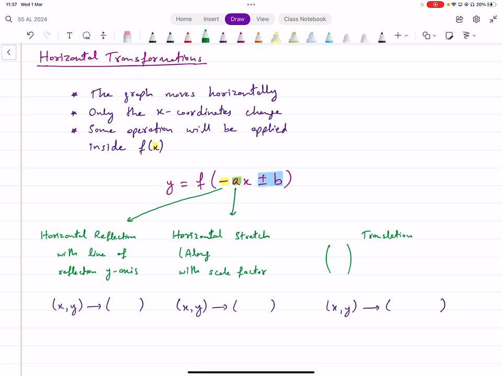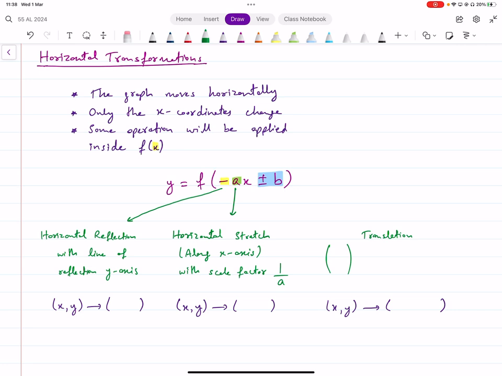How would you describe it? It's along the x-axis. With scale factor 1 over a. The scale factor will be the reciprocal of that number, 1 over a.